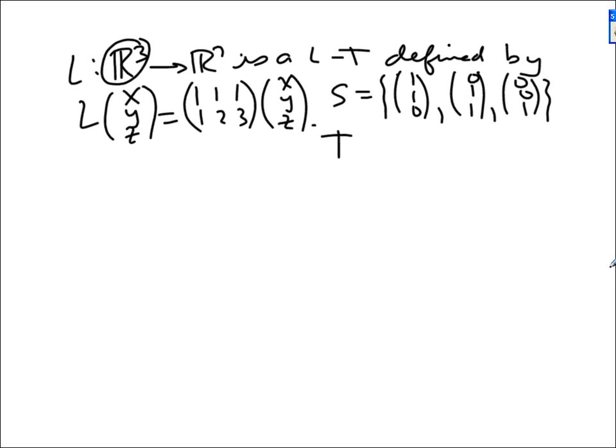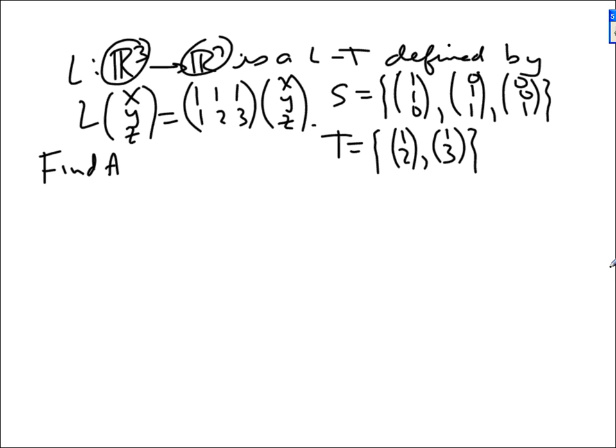And basis T, which will be 1, 2, and 1, 3. This is going to be a basis for R2. And the instructions are to find A with respect to bases S and T.